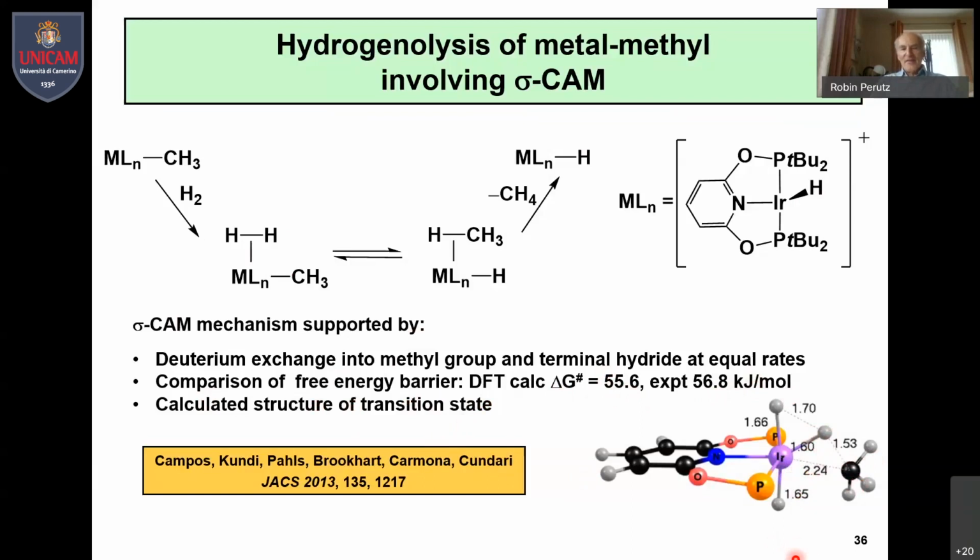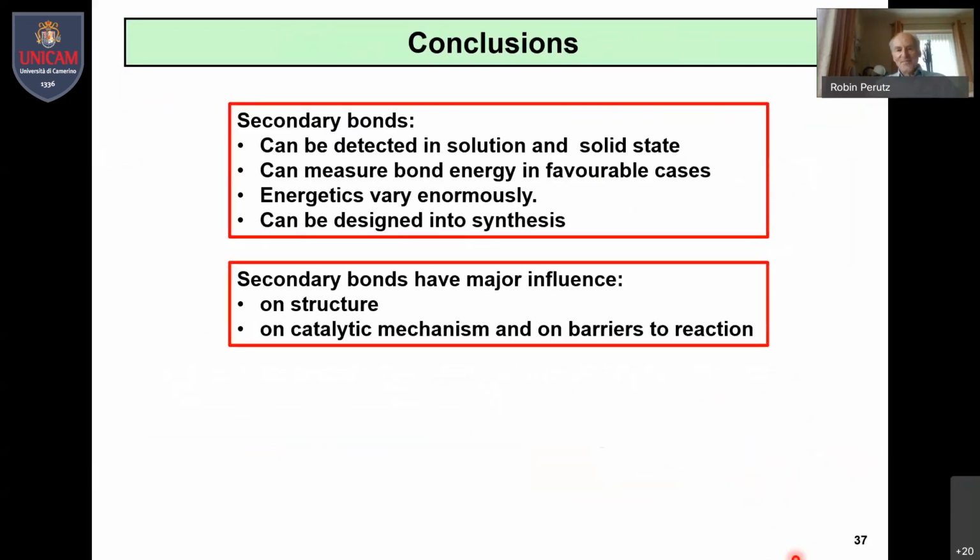So this mechanism depends on the secondary interactions between the ligands. Just to finish off, these secondary bonds can, of course, be detected in solution and solid states. In favorable cases, we can measure the bond energies. As I've mentioned, the energetics vary enormously.